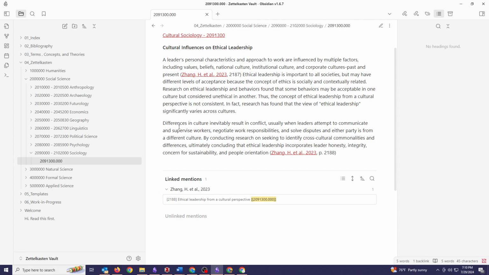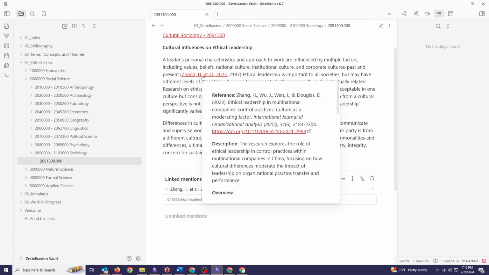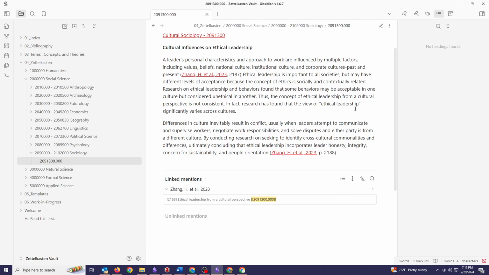Now, I know that I got this information from a research article by Zhang, and I can use Control H and hover and see, okay, I got cultural influences on ethical leadership because it was part of an overall research paper on ethical leadership in multinational companies' control practices. So I'm not as likely to forget the context of where this content came from because I do have it cross-referenced.